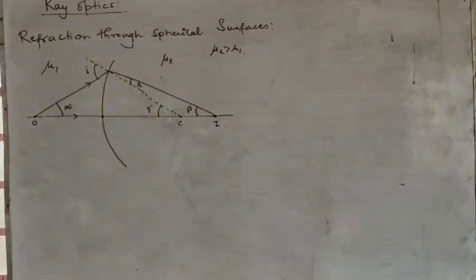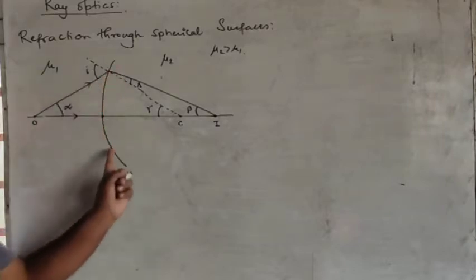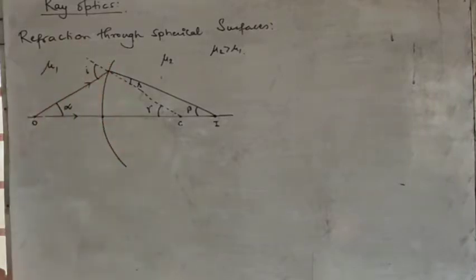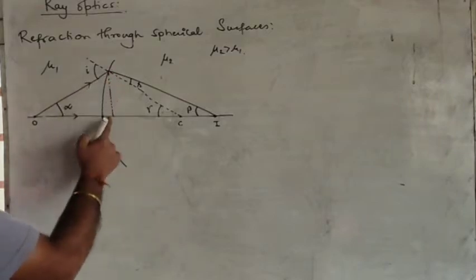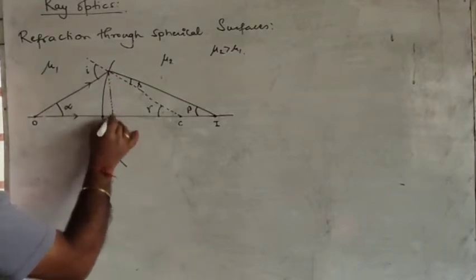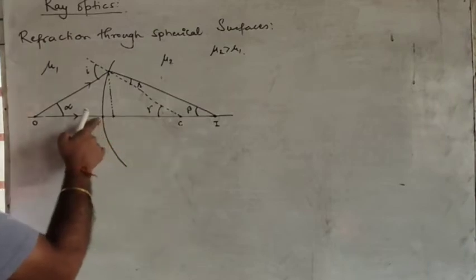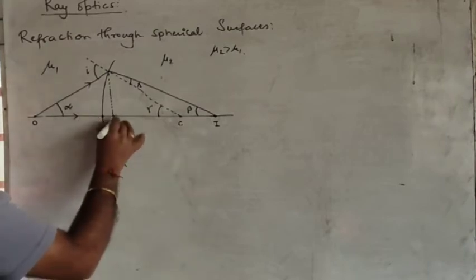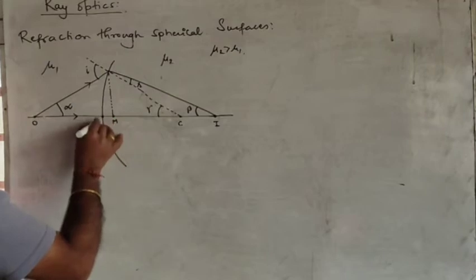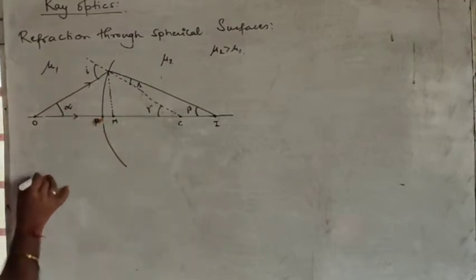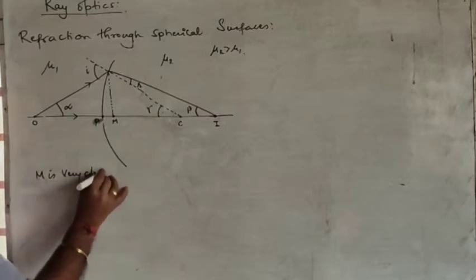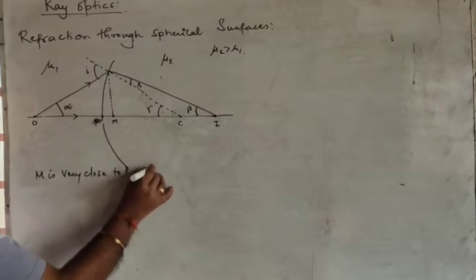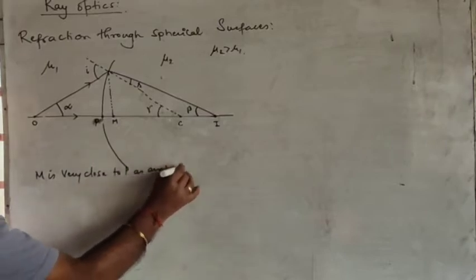We are assuming one more thing, that is the aperture of this surface is smaller, so that if I drop a perpendicular here, then this perpendicular point is lying very close to this. Perpendicular point M lies very close to, let's say, P. So here I can write M is very close to P as angles are smaller.